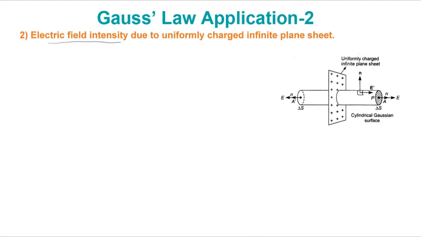In this cylinder, we have a point, the name of the point is P. At this point, we have to calculate the electric field intensity. Are you clear?